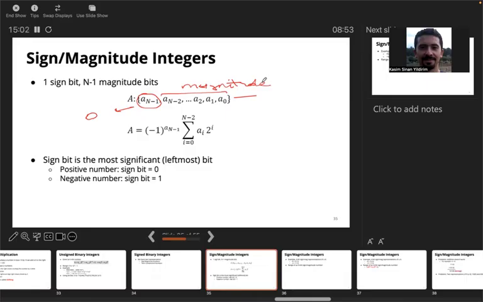An minus 1 is the sign bit, and the rest of the bits will represent the magnitude or the value of the number. So I can write things like that, basically the same formula, but I am going to include the most significant bit as minus 1 to the power of that bit.